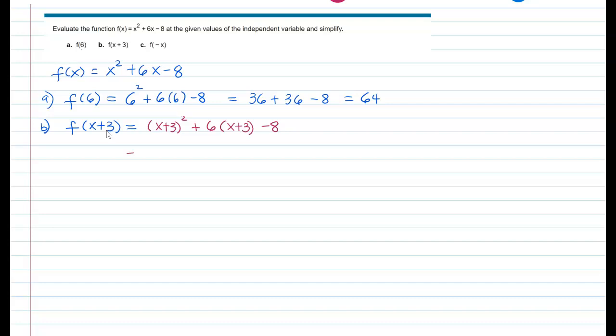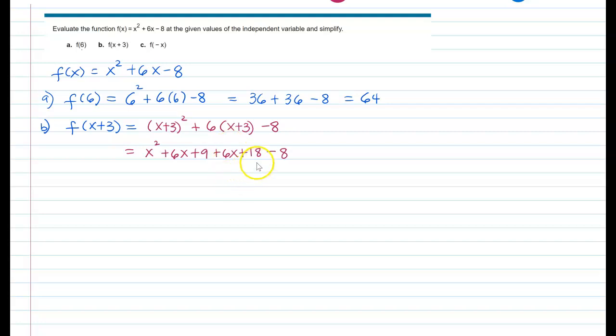Okay, then now when you simplify, you will have to expand this. So expand this, using the formula, or you can use the FOIL method. This will be expanded as x squared plus 6x plus 9. And then this will be distributed to each term in the parentheses. So plus 6x plus 18 minus 8.